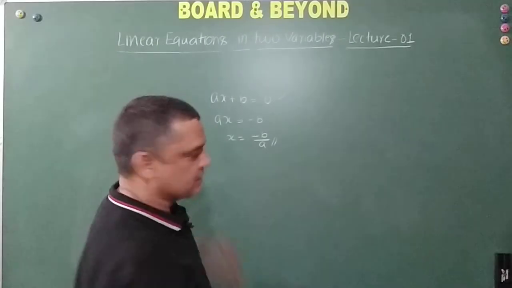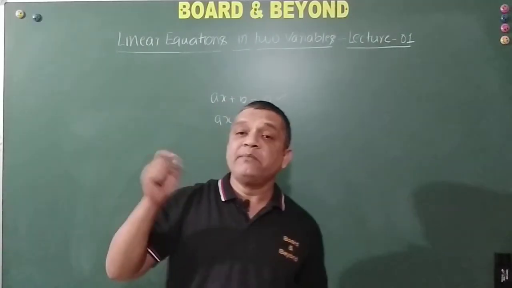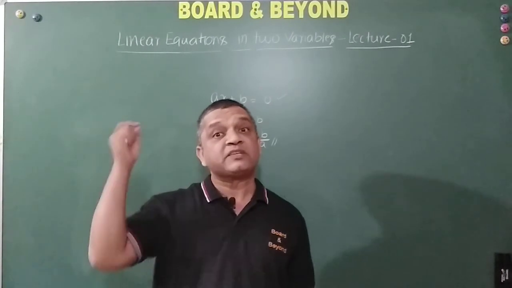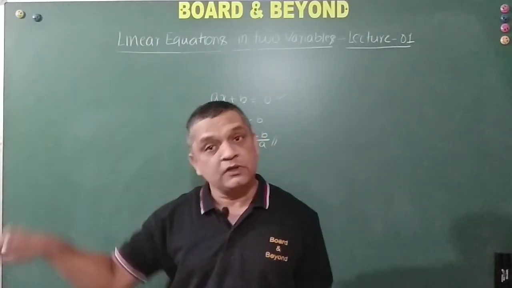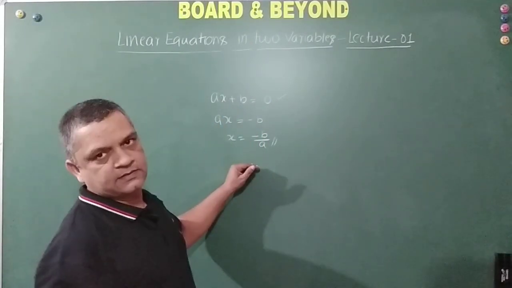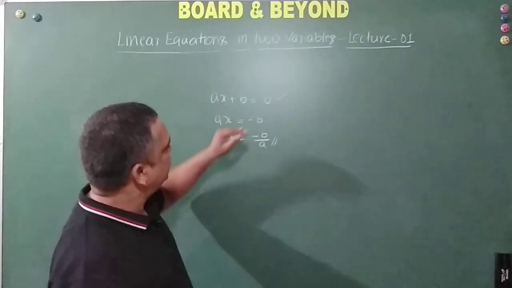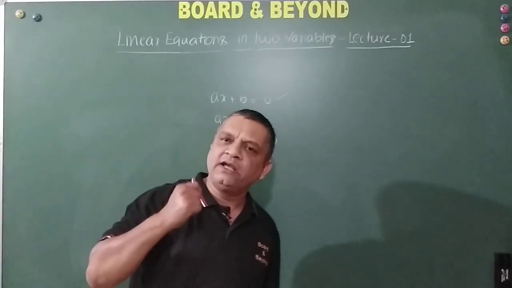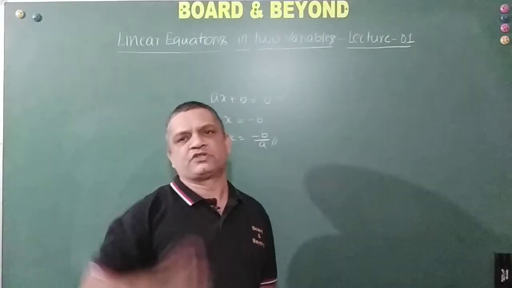Now what do we mean by finding a solution? Whenever we are able to express the variable in terms of constants, we say that we have found the solution, like this. Okay, so we see that for a linear equation, only one equation is enough for me to express the variable in terms of constants.